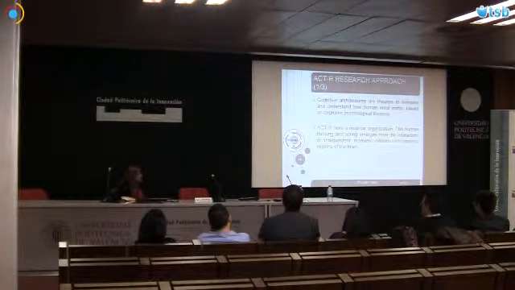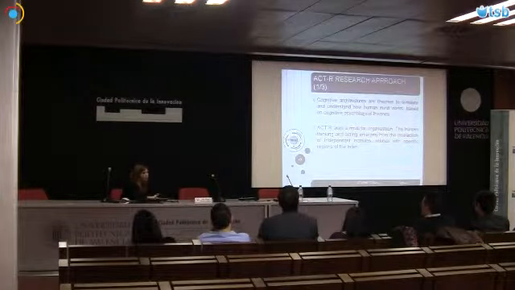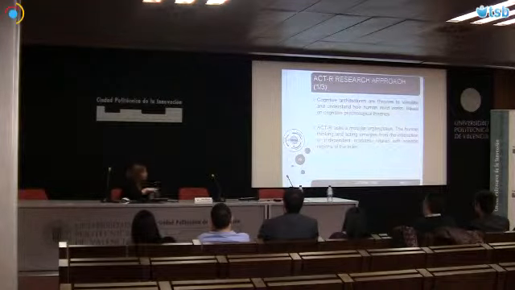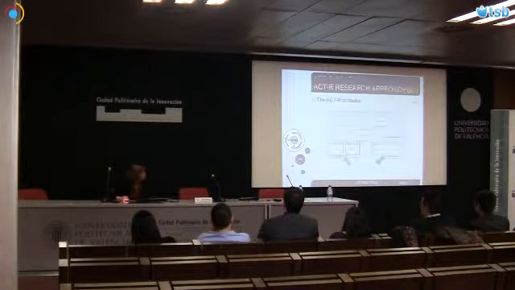On the other hand, the ACT-R research approach. ACT-R is a cognitive architecture that tries to model how a human person thinks. It's a modular organization, and human thinking in this model emerges from the interaction of the different modules.